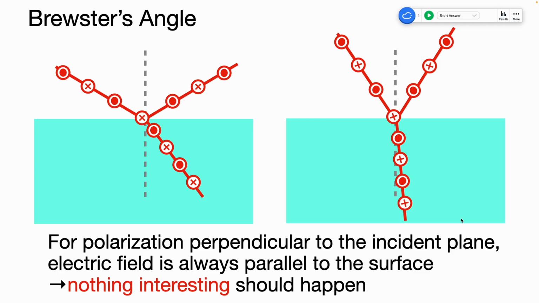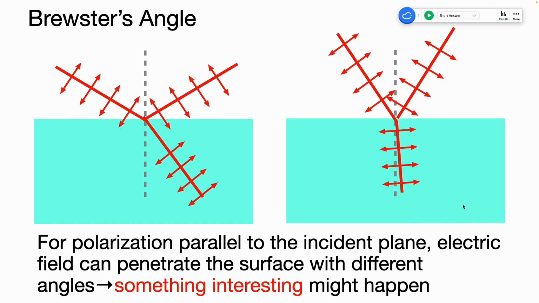But this will be different if you look at another polarization. When the polarization is not perpendicular but parallel to the incident plane, changing the incident angle will change how the electric field penetrates the water surface.